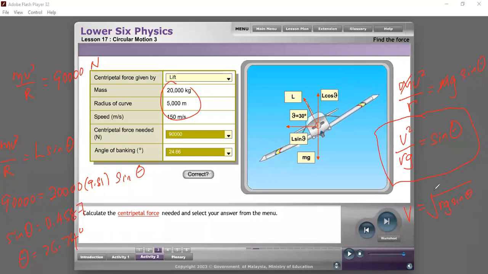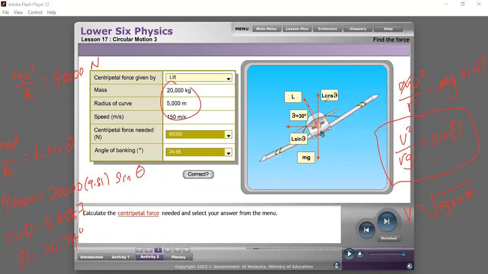If this one is for a car, same thing for a car when turning at the angle. So that means it will be rg sin delta. Okay, the angle is from here.